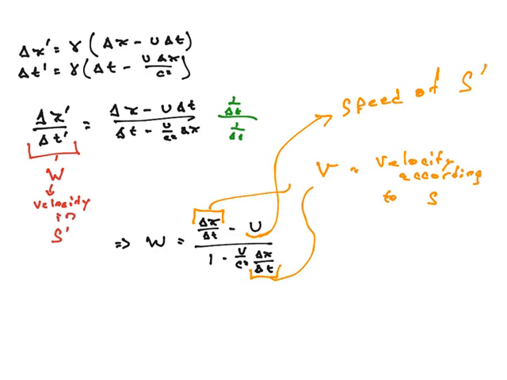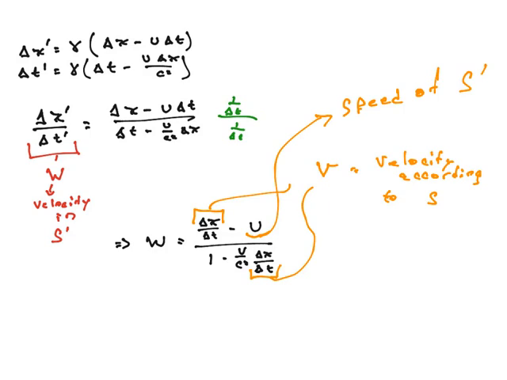So w is the speed of the bullet in the train according to you, who's on the train. U is how fast the train's moving relative to me sitting outside. And v is when I look into your train, how fast do I see your bullet moving? You see it moving with w, I see it moving with v.